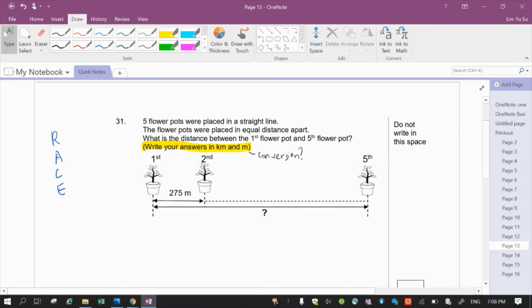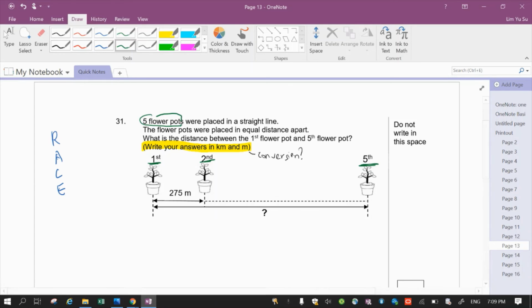Now, to highlight, you have 5 flower pots stated in the question. You're supposed to have 5 of them, and again, you only see 3. There's one here, another one here, and the fifth one's here. So what happened to the ones in between?